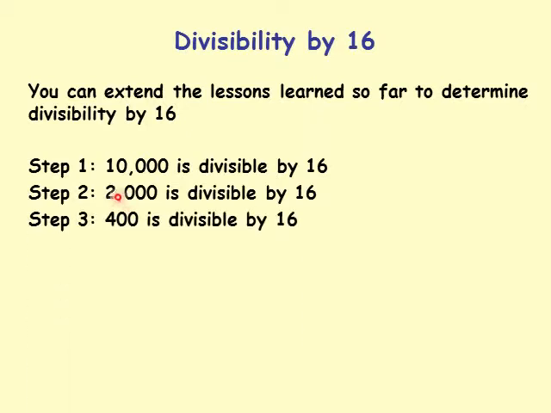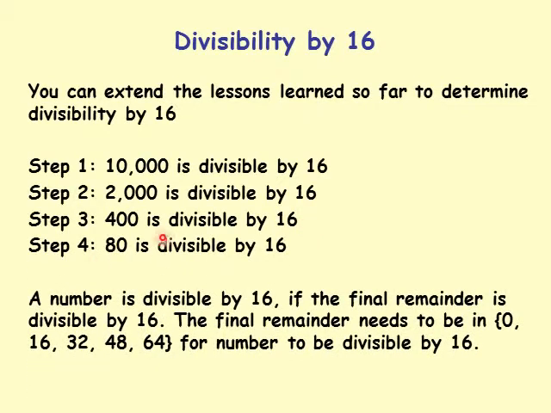Let's continue. Then we know that 400 is divisible by 16. From the remainder left by dividing by 2,000, I take out all the 400s I can, and whatever is left over is the remainder of dividing by 400. Now we need to worry about whether that is divisible by 16.